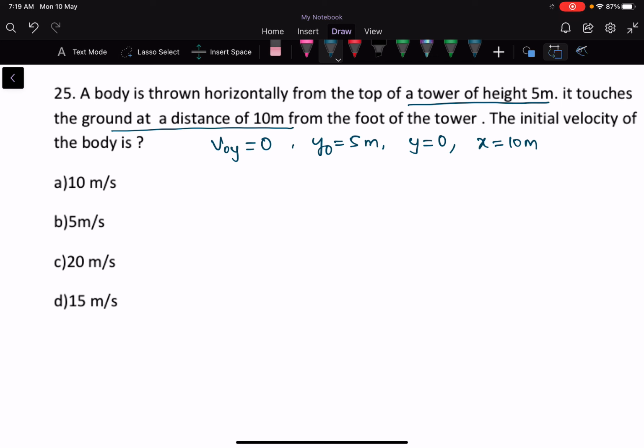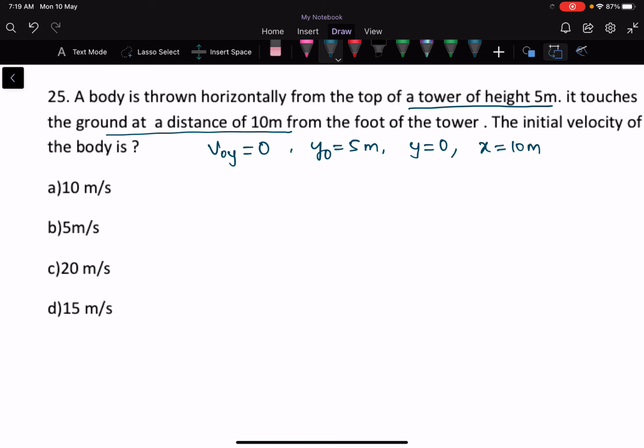To find this, I am using the first equation: y minus y0 equal to v0y into t minus half g t square. So here y is equal to 0, minus y0 is 5, equal to v0y, which is 0, minus half of g, I am taking g value as 10, into t square.